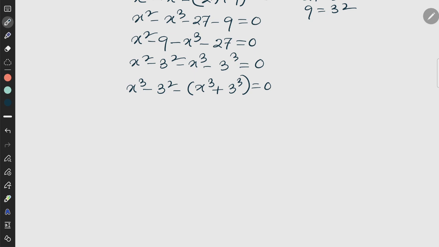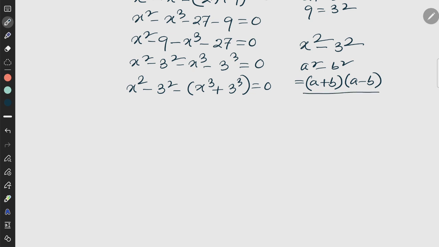We have to use this formula: a square minus b square is the same as a plus b into a minus b.